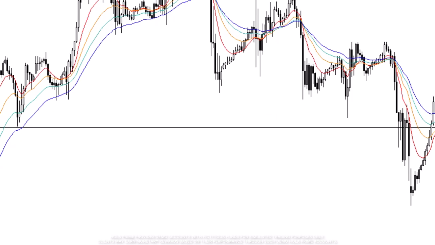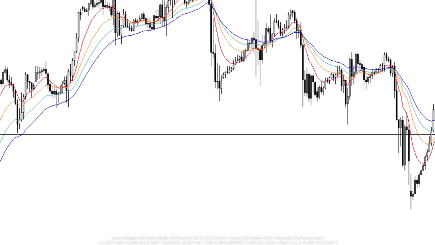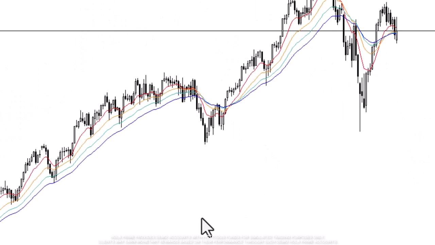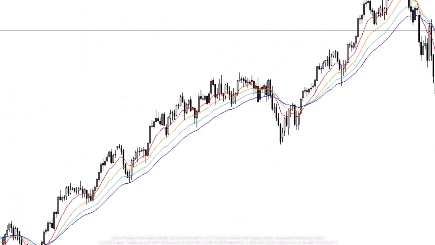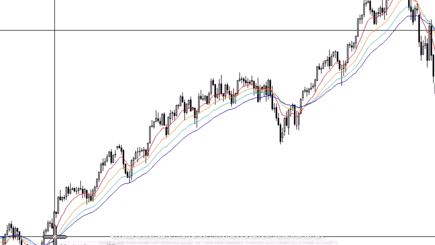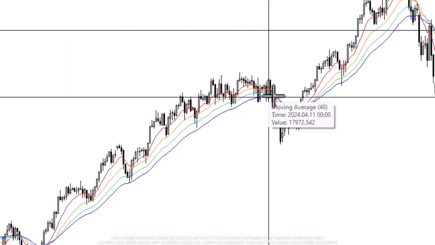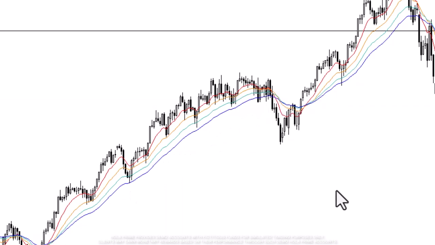Higher time frames are a little dicier with these. So for example, the daily chart, you could get chopped up, but you can also see where you would have gotten in at about 15,000 and gotten out at about 18,000. So again, that's not a bad thing either.